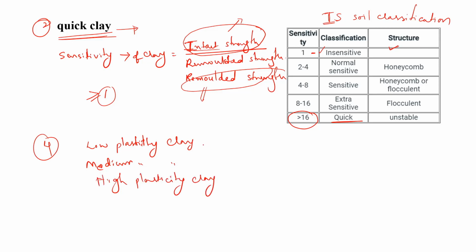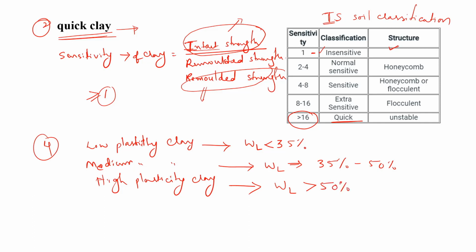Generally, low plasticity clays have a liquid limit less than 35%, medium plasticity clays have a liquid limit between 35% and 50%, and high plasticity clays have a liquid limit greater than 50%.